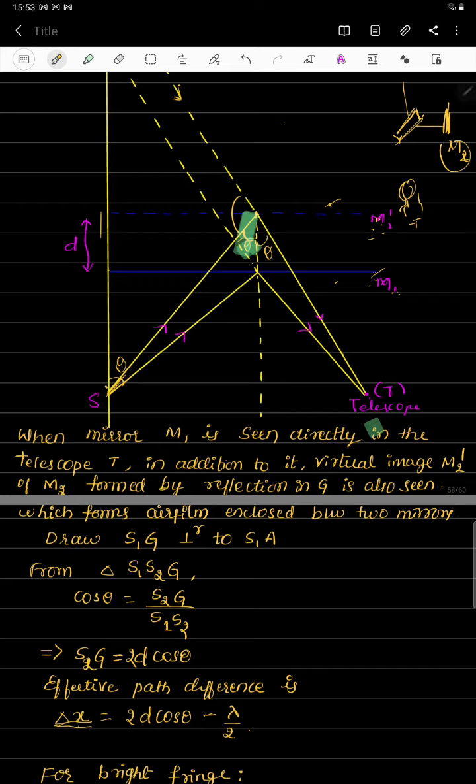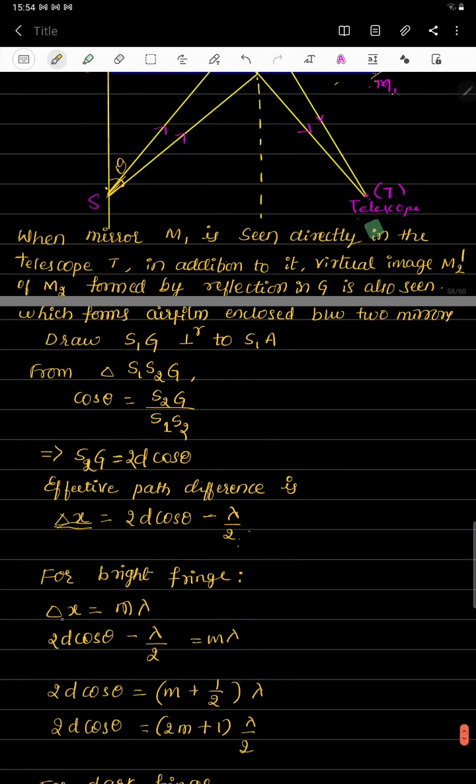The optical path difference for these two reflected rays is 2D cos theta minus lambda by 2, and this should be equal to m lambda. If you simplify this, do the mathematics, you get 2D cos theta equal to 2m plus 1 lambda by 2. So this is the condition for the bright fringe in the case of Michelson's interferometer.